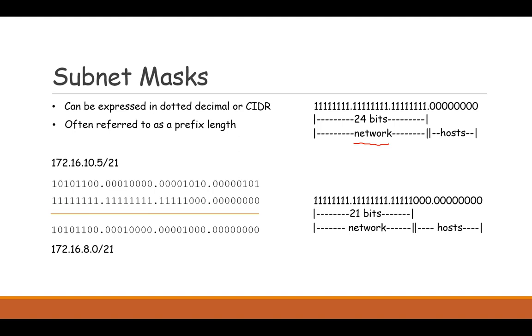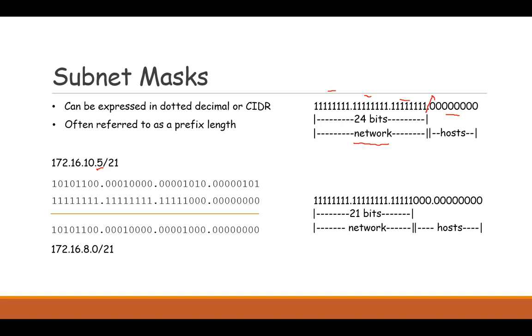A lot of people, for simplicity's sake, go with the /24 network. Just on the bit boundary right here, you end up getting 3 octets of ones and then 1 octet of zeros, and it allows for nice, easy, simple addressing. In the dotted decimal over here, you have this whole last octet to go ahead and do host addressing.